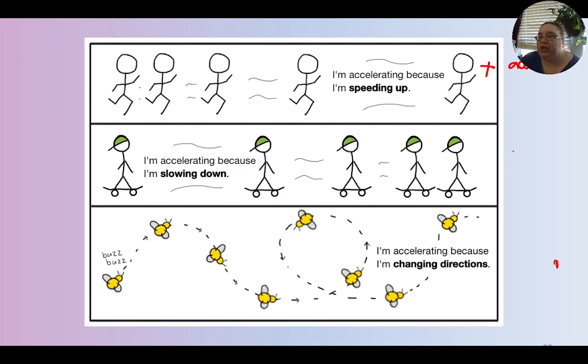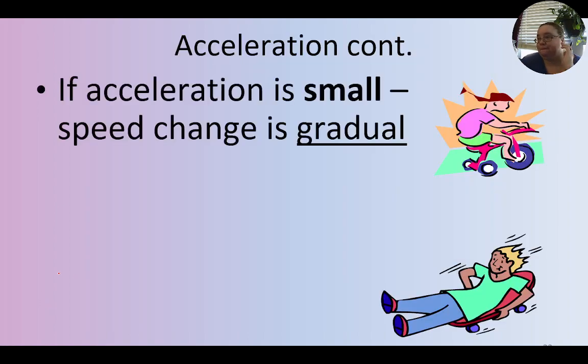We are moving slower, which results in a negative acceleration. And if my velocity stays the same, but we change our direction, notice that this object is going around curves and going around a circle, it is considered to be accelerating. It's not necessarily positive or negative, its direction is changing.